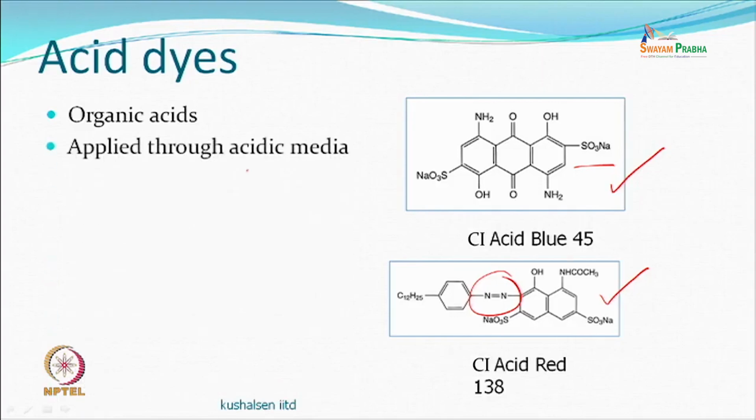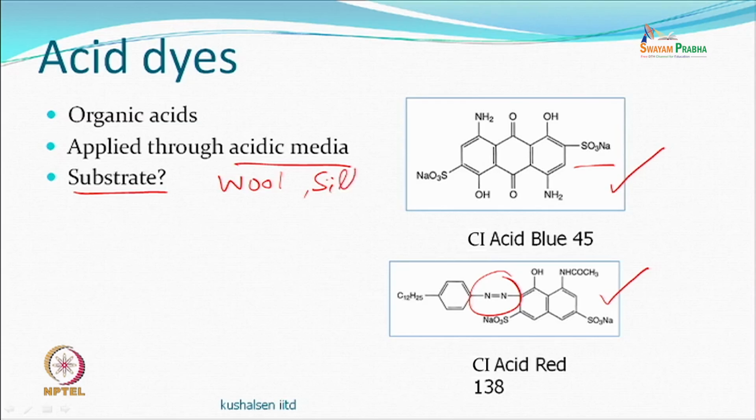One important thing is they are applied through acidic medium. When you have acidic medium, the dye would not have so much of a problem, but the fiber, which is the substrate, wool, silk, and nylon, can also be any kind of nylon.